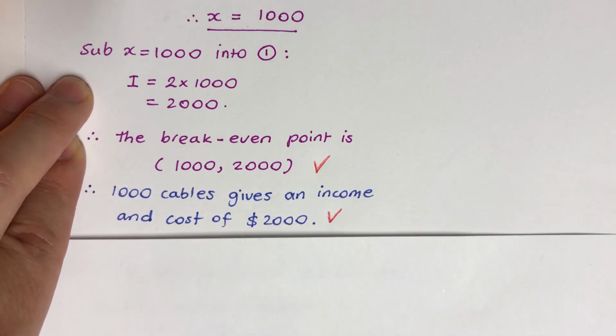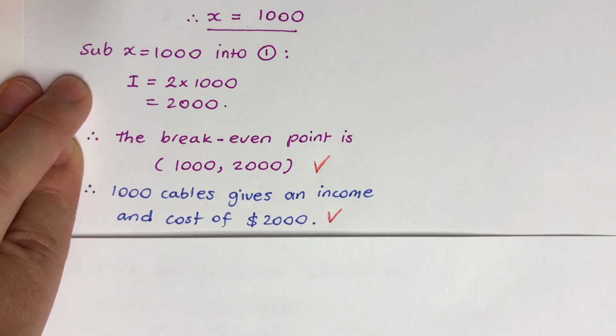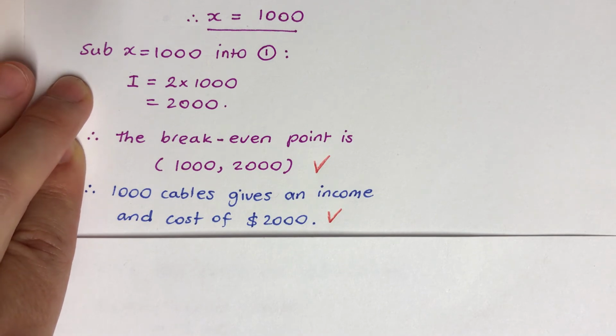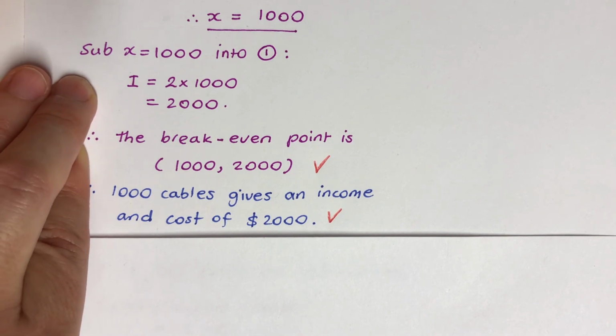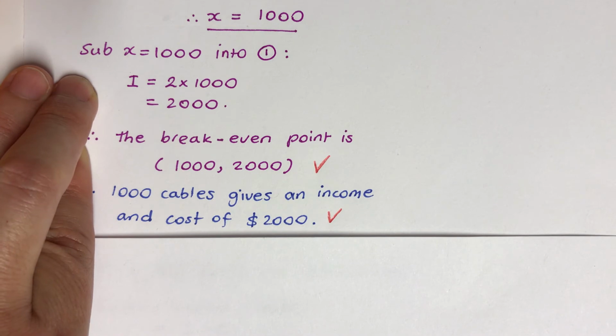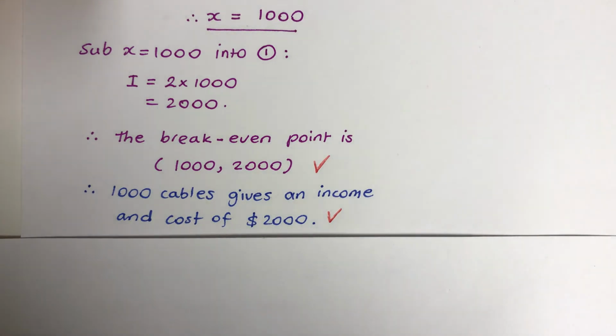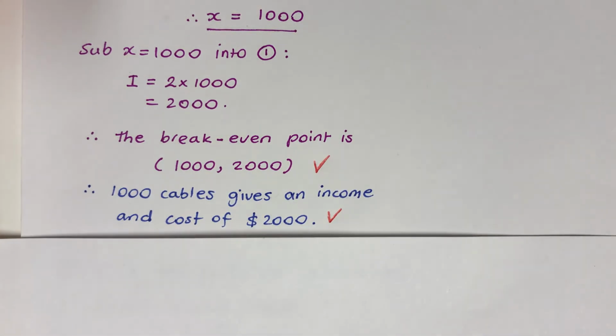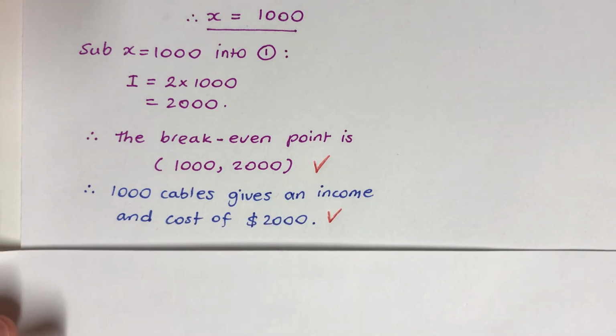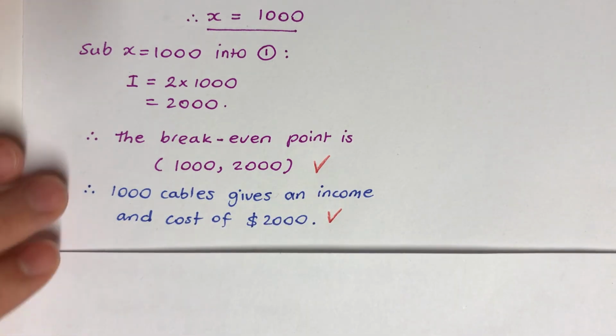What that means in words is that 1,000 cables gives an income and a cost of 2,000. So when you sell 1,000 cables, you will make a profit of 2,000. So when that happens, it's the break-even point. After that point, perhaps you will make profit.